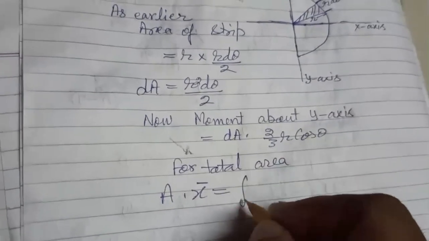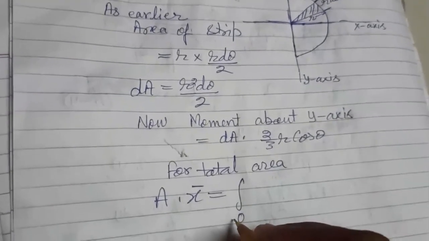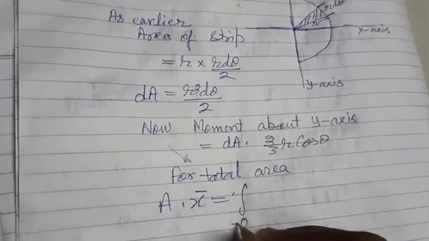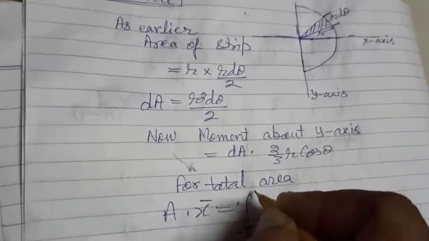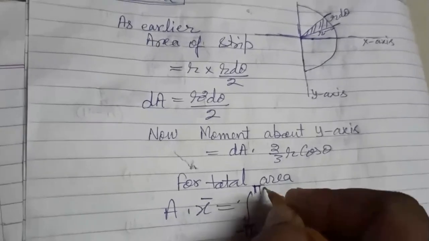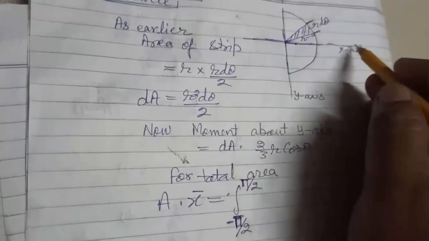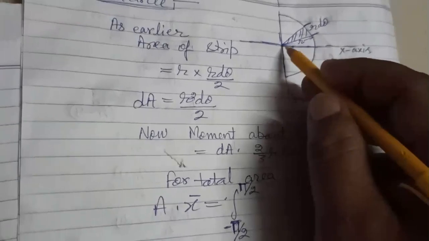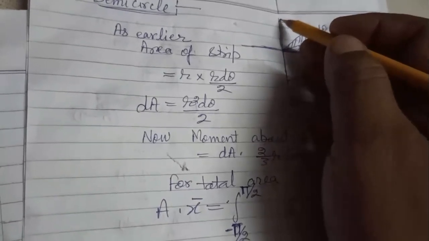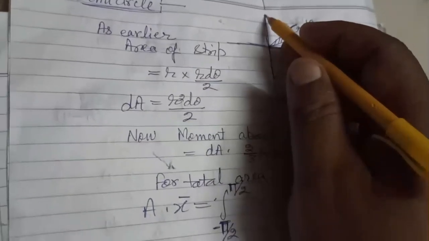and the limit will be minus pi by 2 to pi by 2, because this is the origin, and the angle is minus pi by 2 on this side and plus pi by 2 on this side.